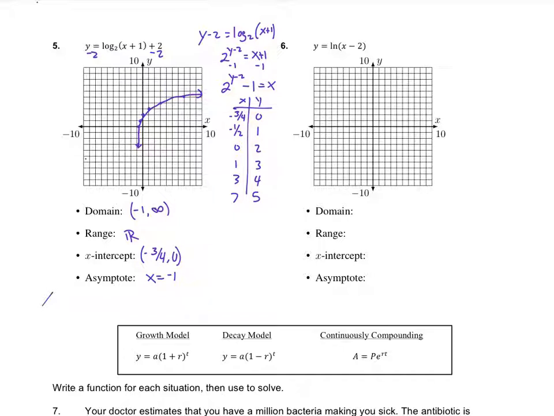And this last one, we're going to have x equals e to the y plus 2. Plug in -2, -1, 0, 1, and 2. We get 2.14, 2.37, 3, 4.7, and 9.4.